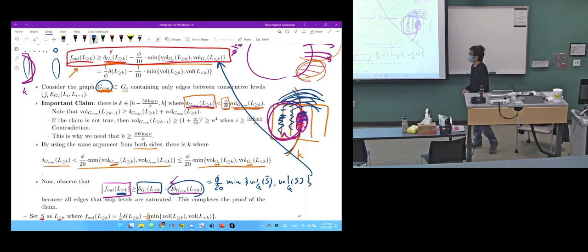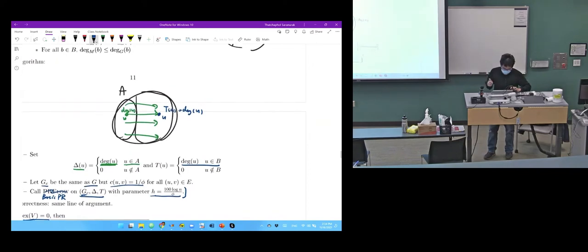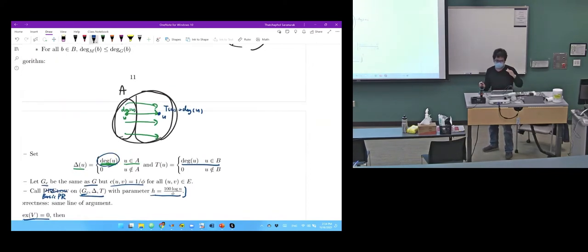One second. A and B have nothing to do with the levels. A and B really just specify how to define the source and sink function. You define every node in A to be a source, each node in A sends mass equal to its degree, and every node in B absorbs mass equal to its degree. That's the only thing about A and B in our algorithm.